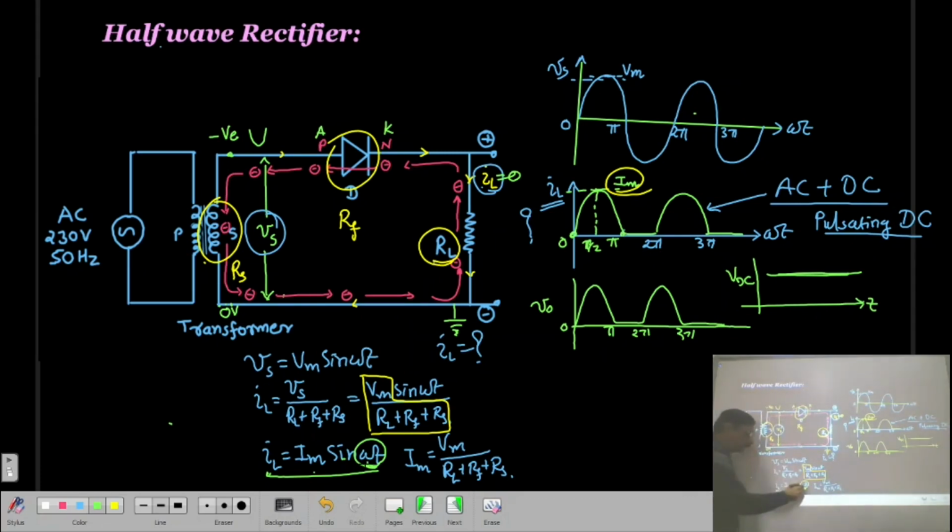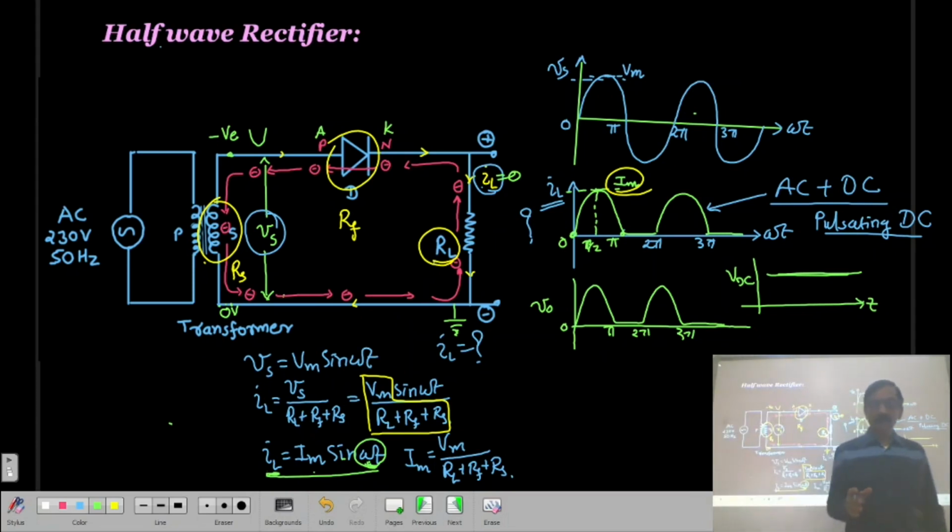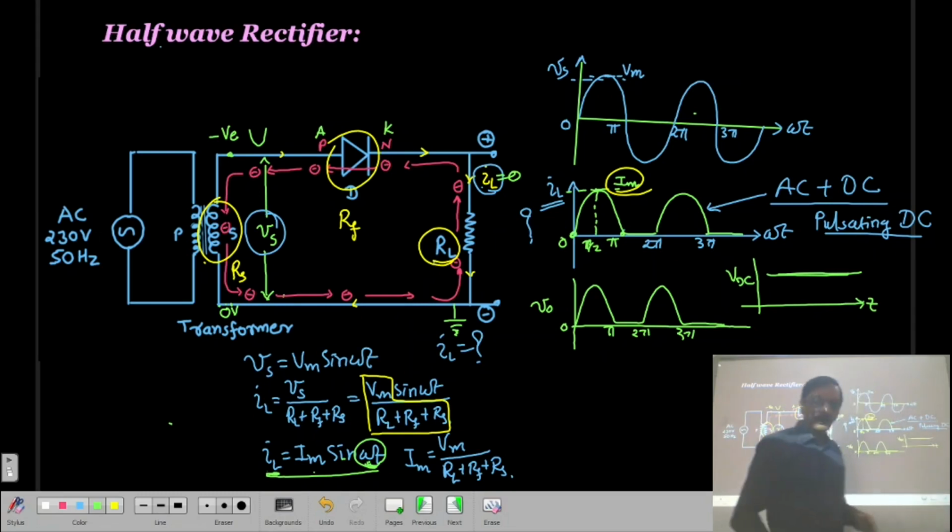But if I put omega t equal to 3 pi by 2, then here IL will be minus Im. Remember, if you have omega t equal to 3 pi by 2, then IL will be minus Im. But in my output, the minus Im is not there.